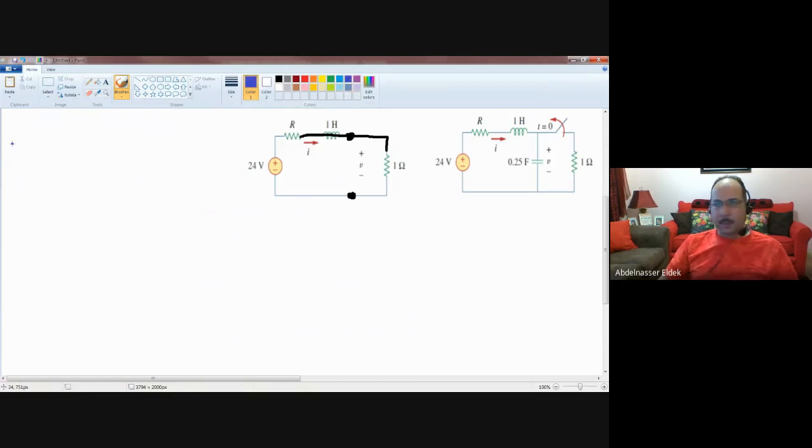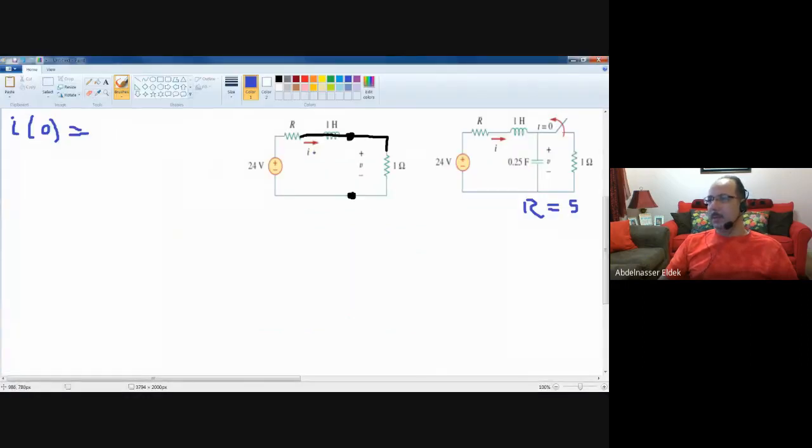So now let's calculate I of 0 and V of 0. I of 0 is this current here. R here equals 5, if I remember it right. Let's check. R equals 5, yes.